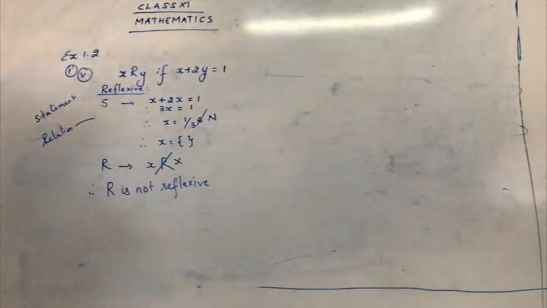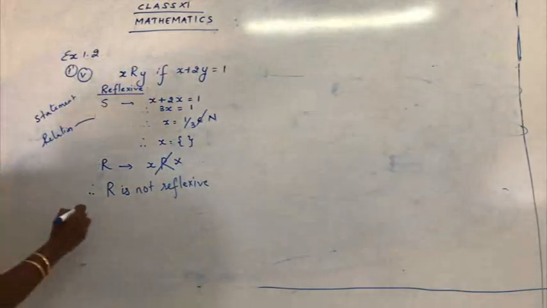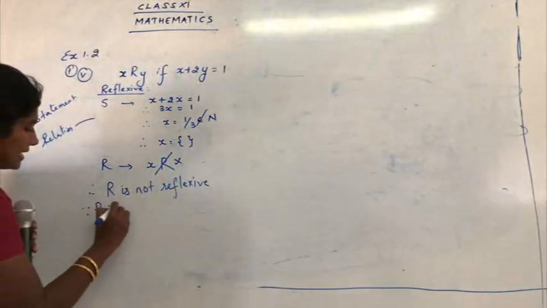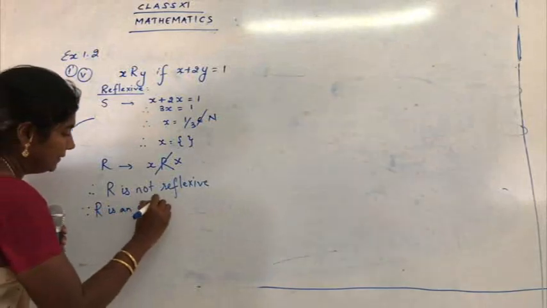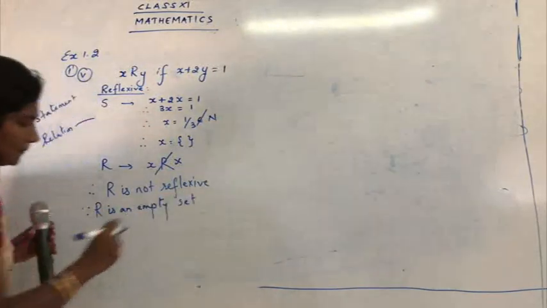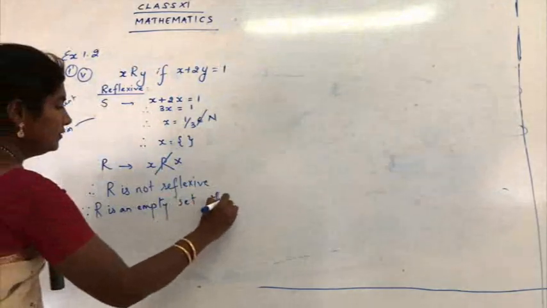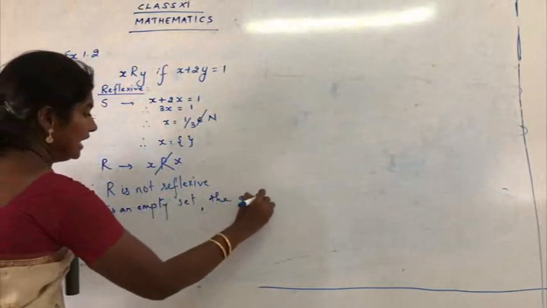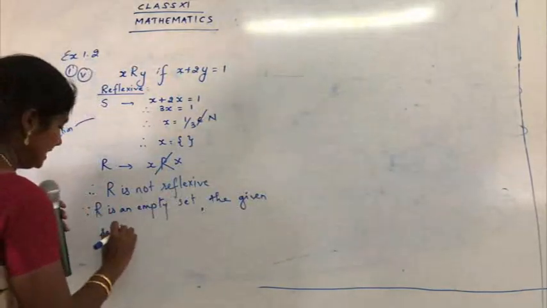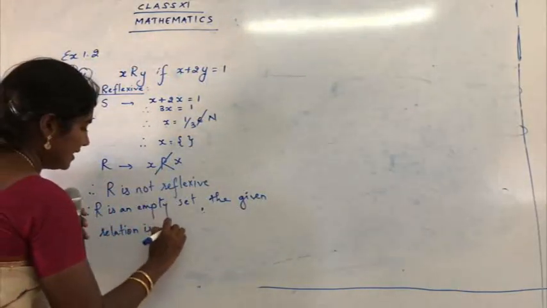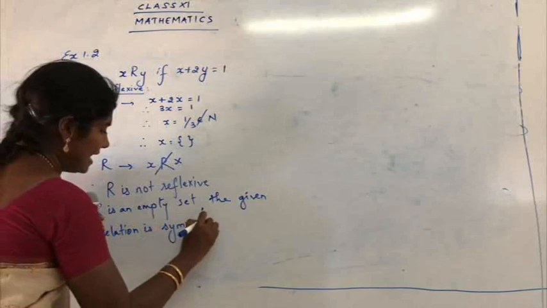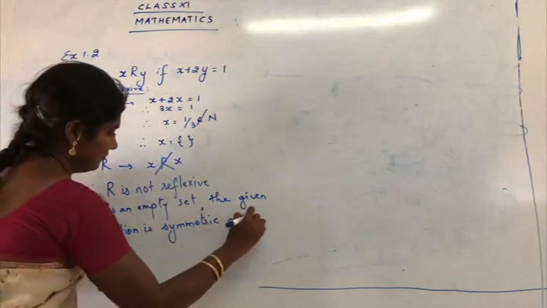You just say here, since R is an empty set, the given relation is symmetric and transitive.